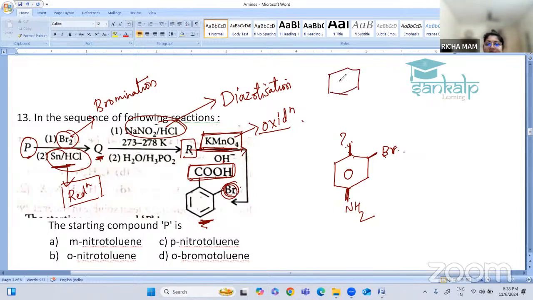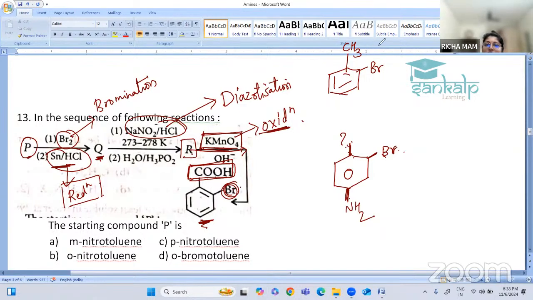So this will be your Br itself, and something has converted to a carboxylic acid group. So here it will be CH3. If it is a methyl group, all the two hydrogens, oxidation means what?